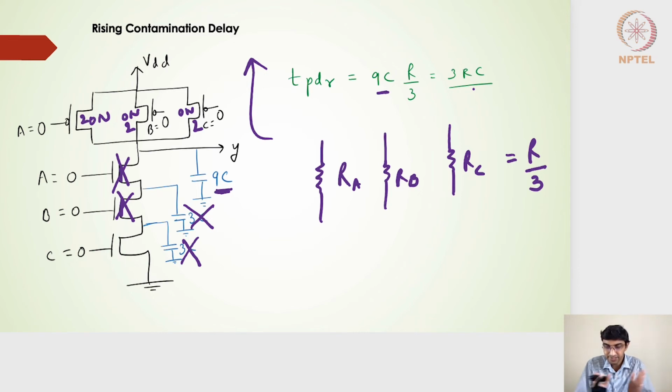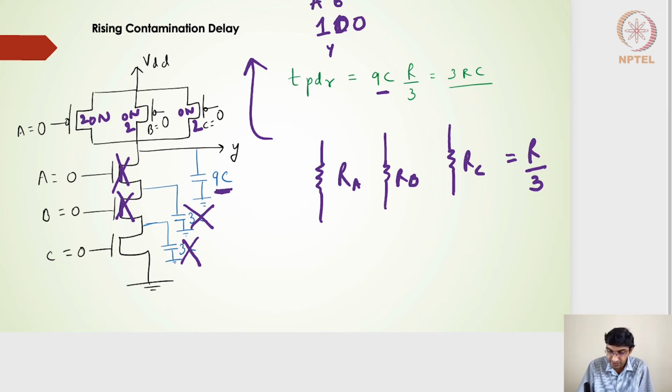So if, for whatever reason, I had 1, 0, 0 as my initial state, with A, B, C as 1, 0, 0, the output will be 1.